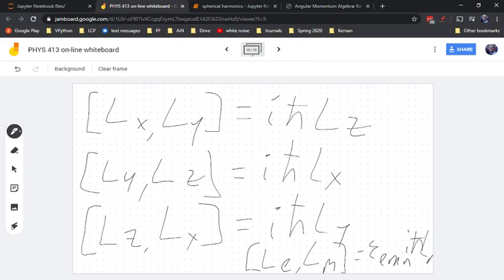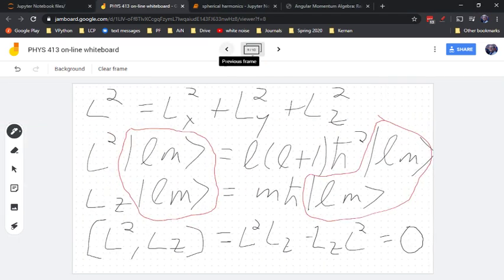Okay, let me double check my notes here, see if there's anything else we need to talk about before we look at what these things look like. Oh yeah, I should also mention these angular momentum states are important because they are going to be essential when we get to the hydrogen atom, the basis of chemistry, our gift as physicists to the field of chemistry. In a hydrogen atom, you have a proton and an electron flying around.